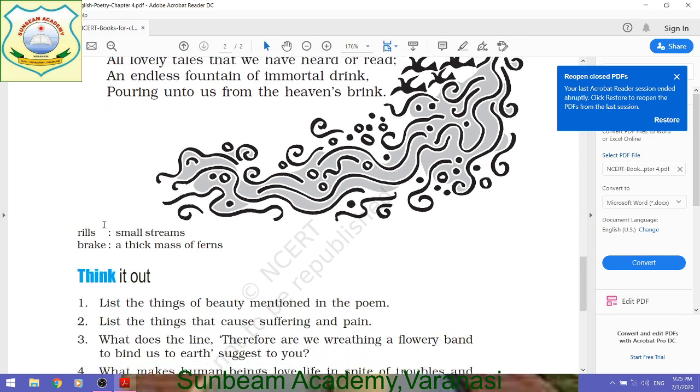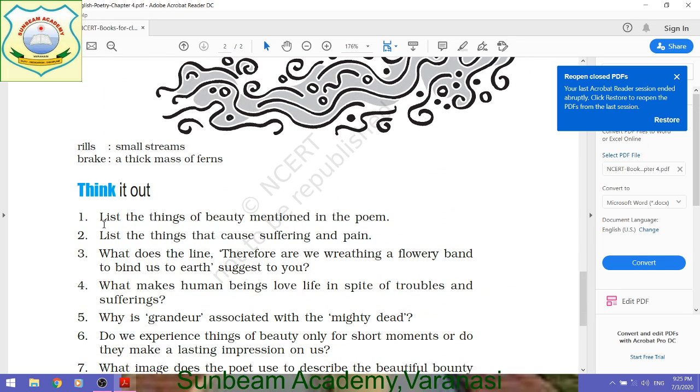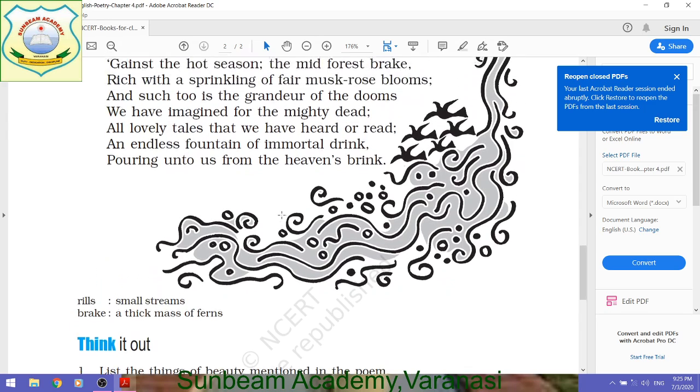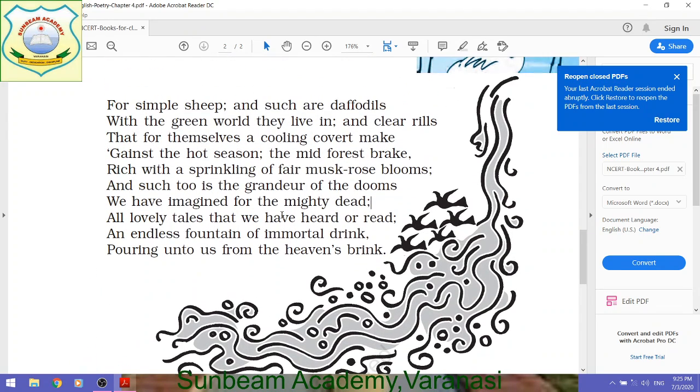And now let us see the textual questions. But before writing the answers of these questions, students, you have to write, there are so many hard words.